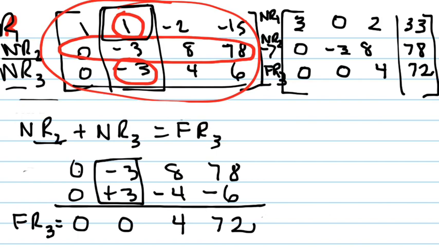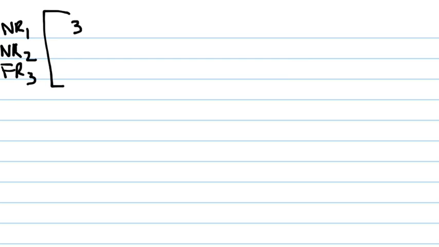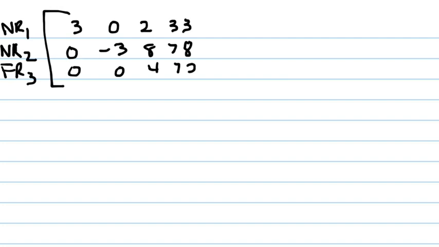Okay, we're going to take that and use that as our new matrix. So we have a new row 1, we have a new row 2, and we have our final row 3. All I'm doing again is rewriting that from the other page. 0, negative 3, 8, 78, 0, 0, 4, 72.